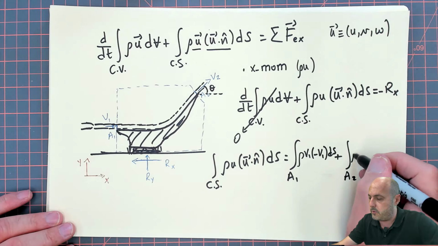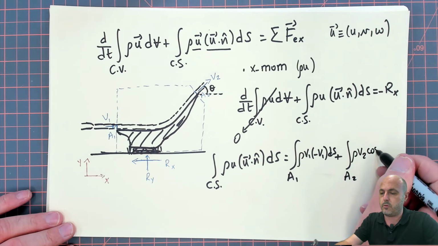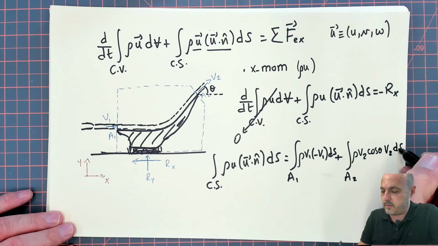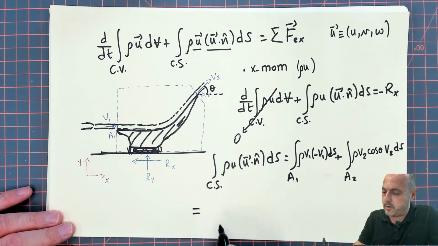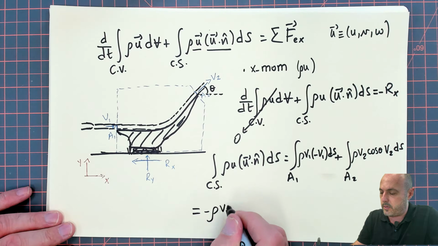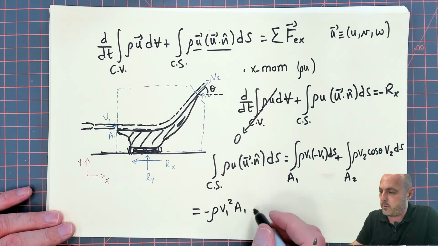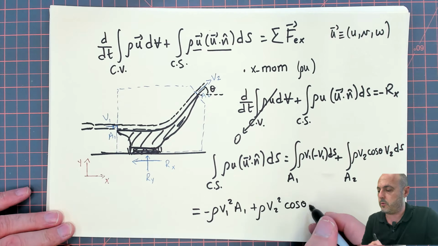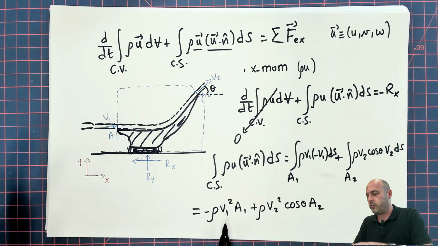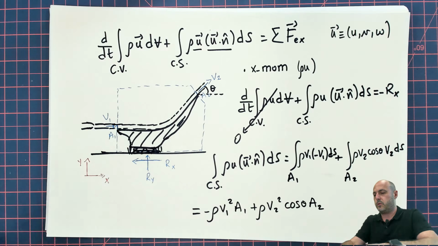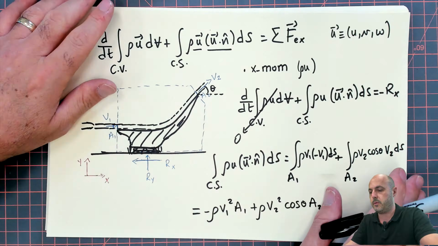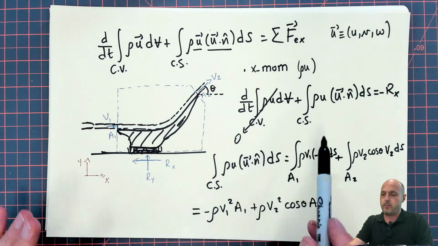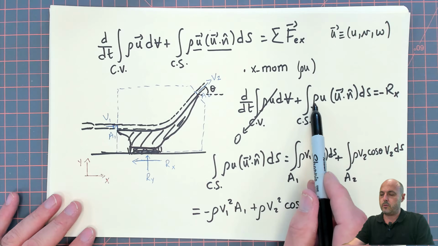So we have rho V2 cosine theta, and u dot n is V2 dS. This surface integral gives us minus rho V1 squared A1 plus rho V2 squared cosine theta A2. Now A1 V1 and A2 V2 are related due to mass conservation, so we can significantly simplify this, but that's not the point of the exercise. The point is to get you to recognize how you compute these rho u's.